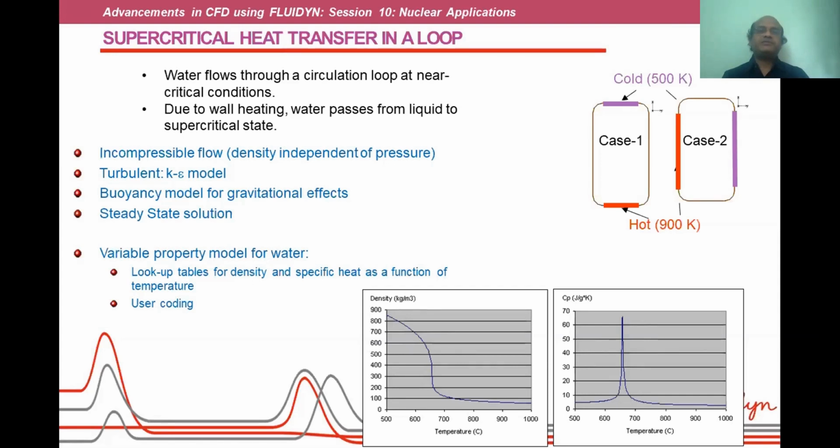Not only this, the transport properties like viscosity and thermal conductivity also vary in the same manner. But normally these lookup tables are computationally very expensive. So there are various techniques, and many equations are derived for different scenarios.